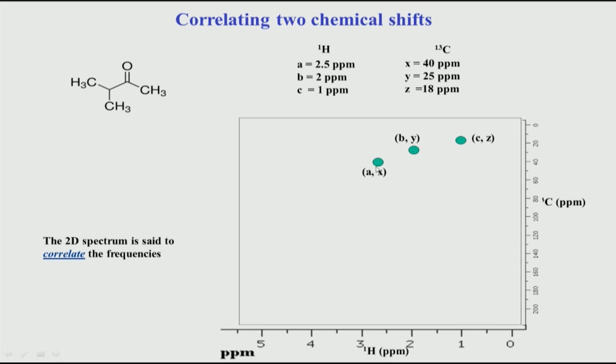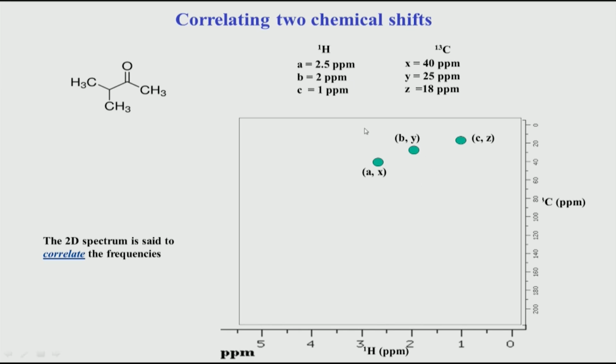If you recall, in the last slide we saw a septet at around 2.5 to 3 ppm, and that septet is what is coming here, and its corresponding carbon is here at 40 ppm. That is what is shown here. So, this is what we saw: if you see X, Y, Z, A matches with X, B matches with Y, and C matches with Z.